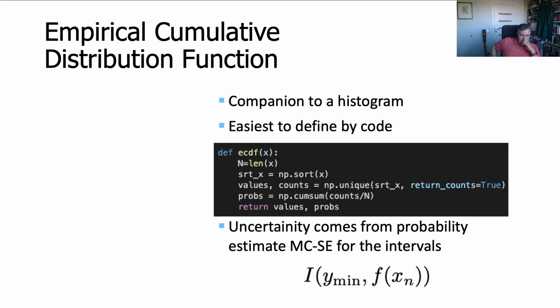The ECDF is easiest to define by code, because it is a very simple function that assigns probabilities to the intervals between the minimal observed value and the current observed value. You can compute it very simply by sorting the values you have, and then adding sums of how many samples are less than the given sample.